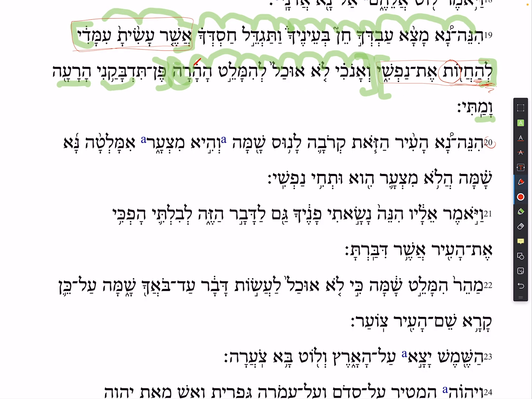Verse 20. Behold, now, this city is close. You see here we have the attributive use of an adjective. So ha-ot, ha-ir, this would be our subject. The city, close.